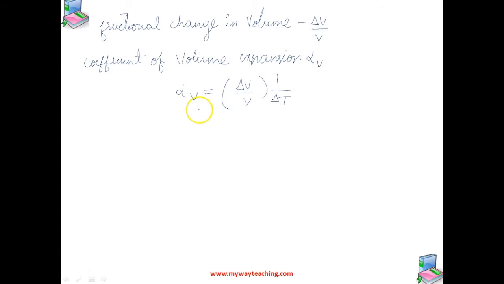Here alpha V is also characteristic of the substance, but it is not strictly a constant. It depends in general on temperature.